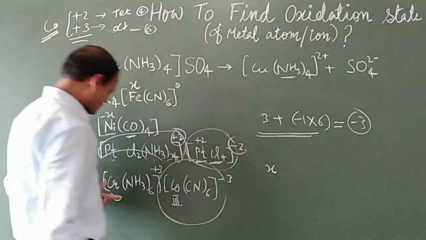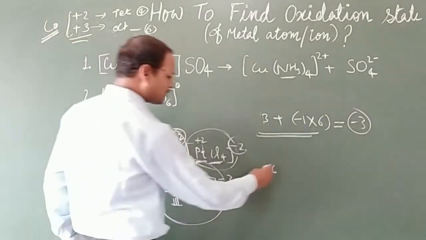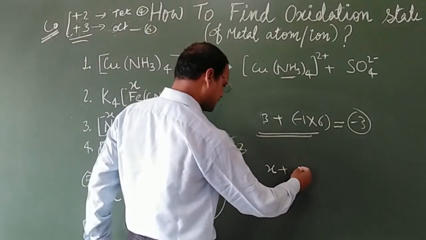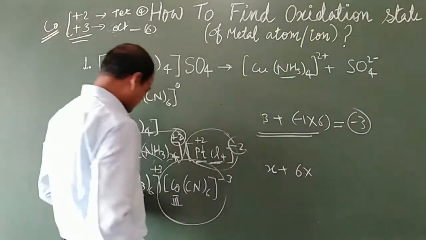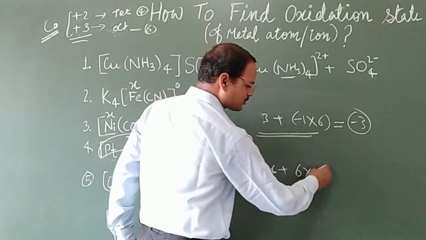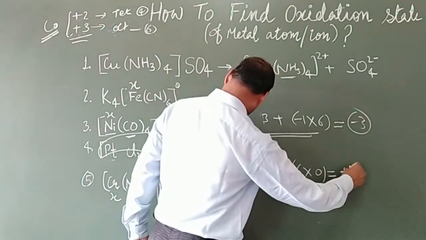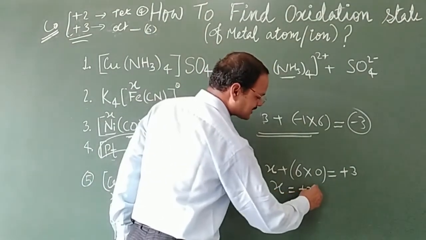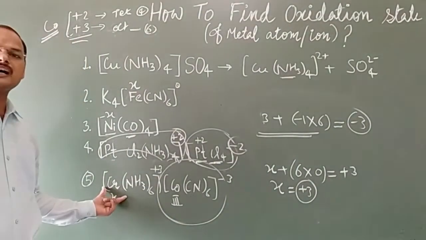If this value is unknown, it will be an x value. Sum of all species should be equal to +3 here. As you know that there are 6 amine and on amine 0 charge is there and it is equal to +3. It means we will get +3 charge on the chromium ion.